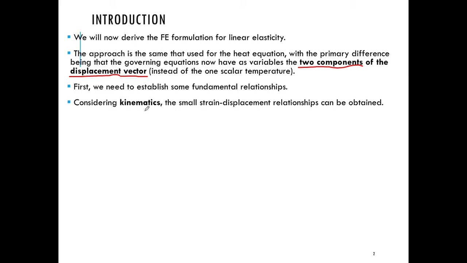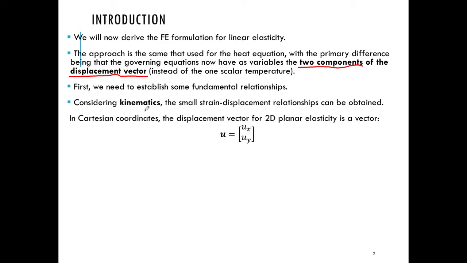For this, you may recall that we first need to define our displacement vector. As I said, we are looking at a problem in 2D, so we have two components of the displacement vector in the respective x and y directions. This is how I'm going to represent my displacement vector, with the ux and uy coordinates.